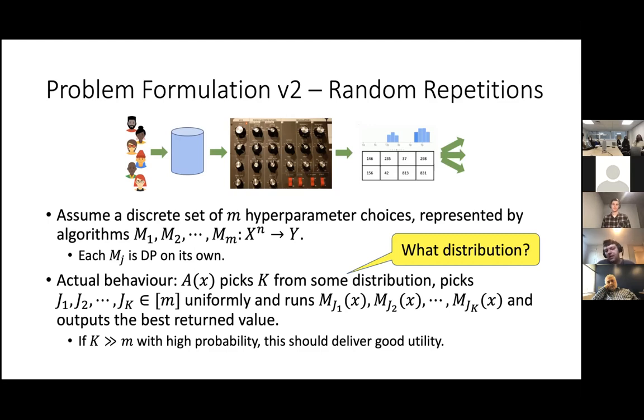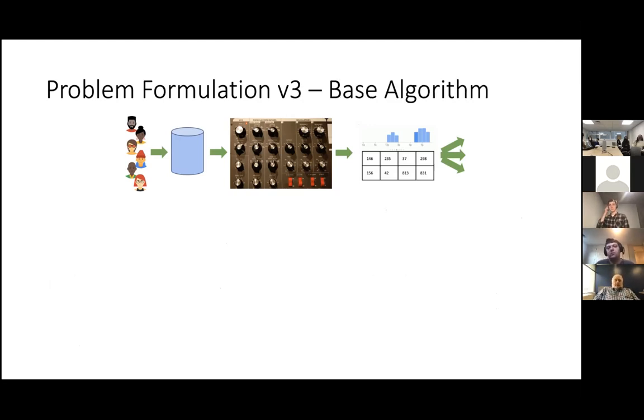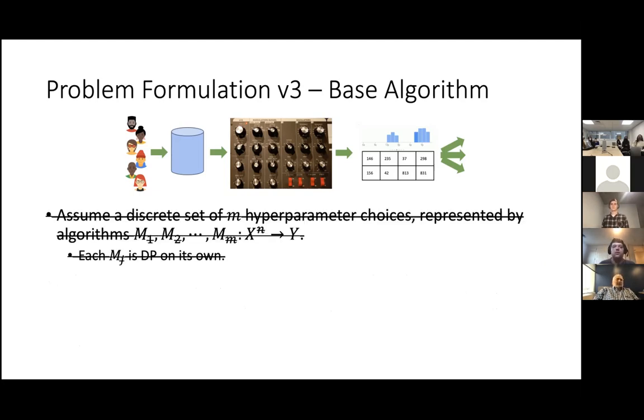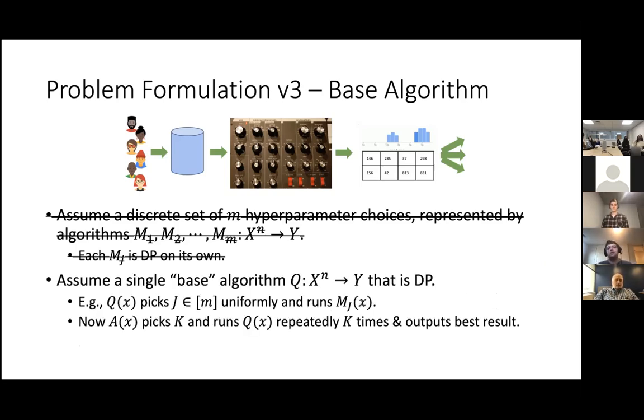Yeah, so the biggest question obviously is what distribution should we apply here, and what makes this work? So I'm going to give you a third, and this is the final version of the formulation, which is a little bit cleaner notationally. Instead of thinking of having some discrete set of options, I'm just going to think that there's a single algorithm, and we call this Q. Q is the notation that Liu and Talwar use, so we copied that.